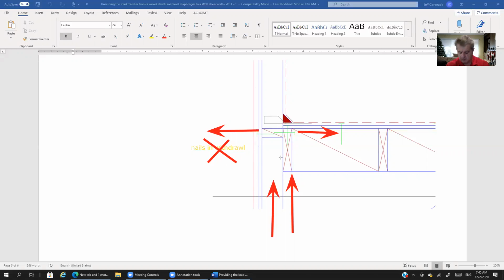So just in general, we try to avoid using nails in withdrawal. So if we didn't have the hurricane tie, then yes, we would clearly have to depend on the nails in withdrawal to be able to transfer the load, the tension load that pulls away the wall assembly from the roof assembly. But we do have the hurricane tie, so that's a moot point.